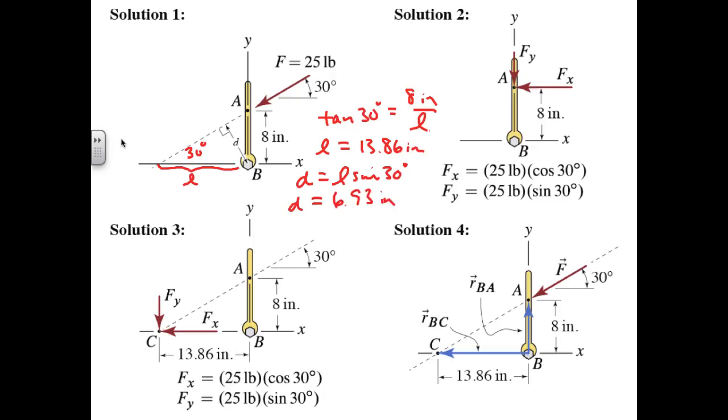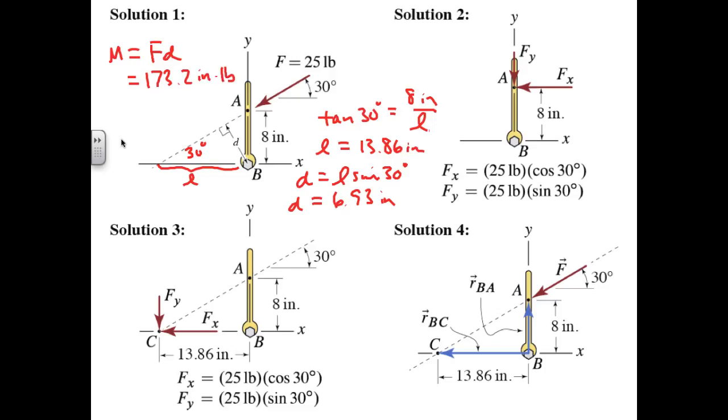6.93 inches. The moment magnitude about B, using the scalar approach, is then F times d, 25 pounds times 6.93 inches, and that gives us a value of 173.2 inch-pounds.